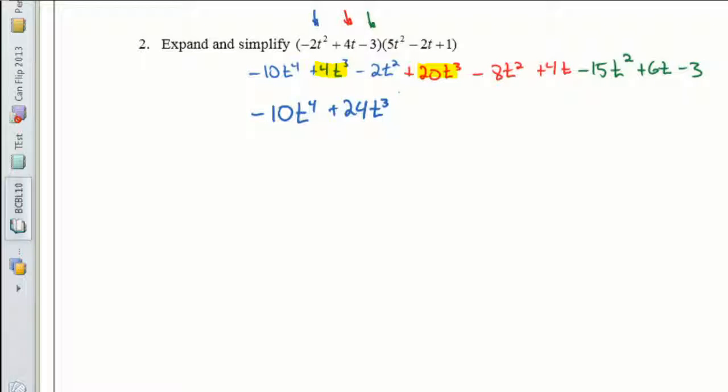What else do I have? I have t squared, and I have t squared, and I have another t squared. So my t squareds: negative 2, negative 8 is negative 10, negative 15, negative 20, negative 5... Did I miss a sign? 24t cubed.